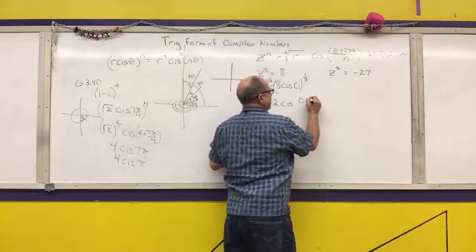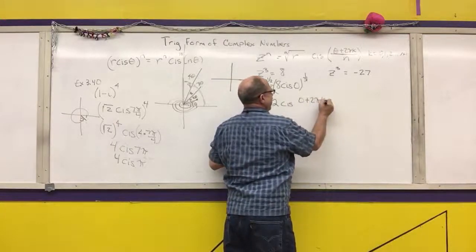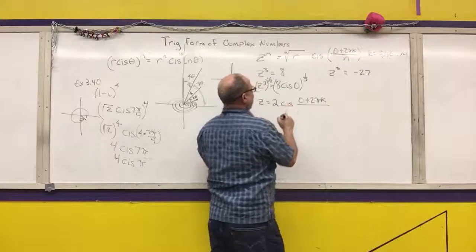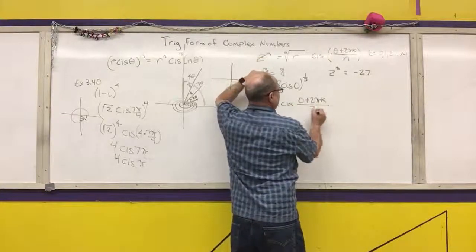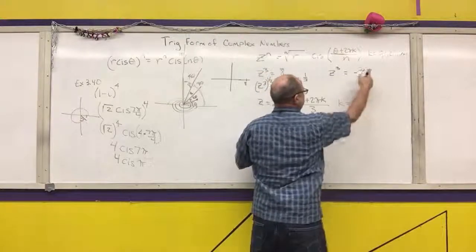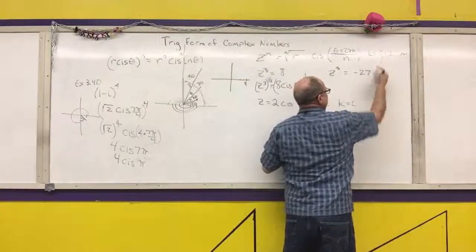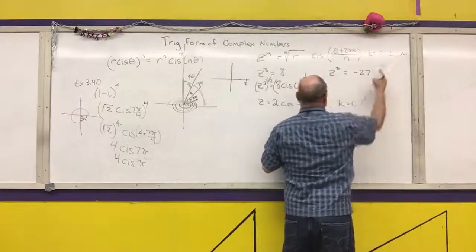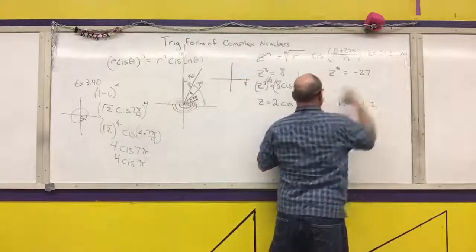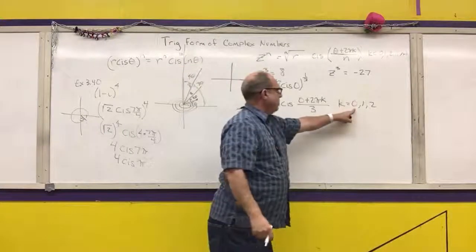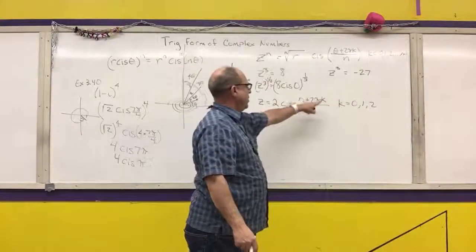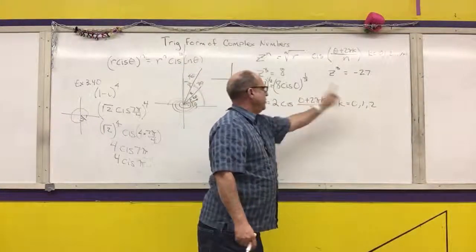theta plus 2 pi k over, my n in this case is 3, where k is equal to 0, 1, and 2, because n minus 1 is 2. So what I'm going to do is I'm going to put a 0 in for k, a 1 in for k, and a 2 in for k.